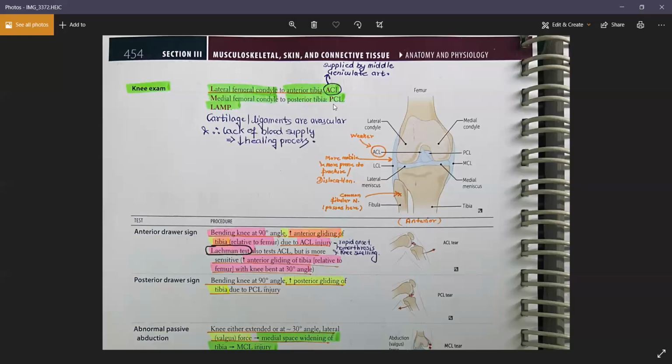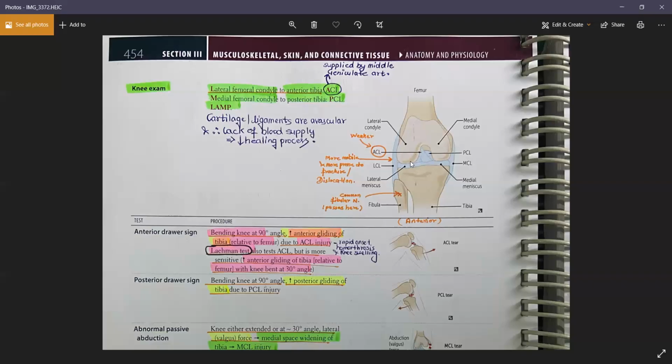Could you please repeat these positions? See, just set a reference in your mind, and let's set the reference as the tibia. In the tibia, just know the location of the anterior cruciate ligament, which is anterior and medial. And then do the opposite in the femur, which is posterior and lateral.